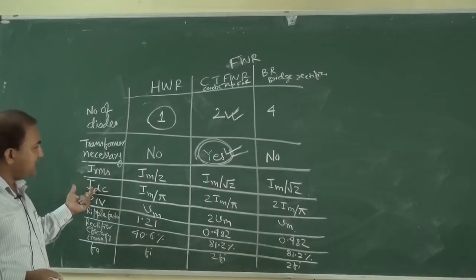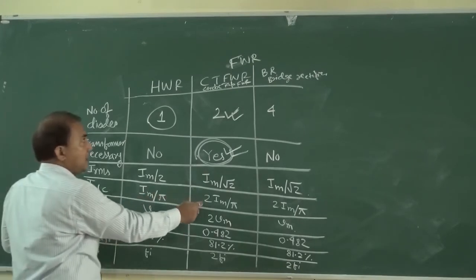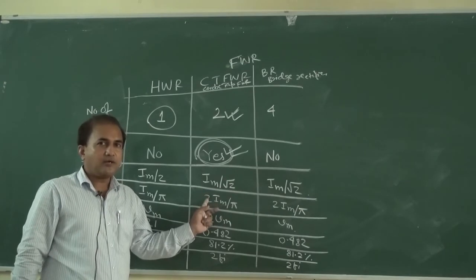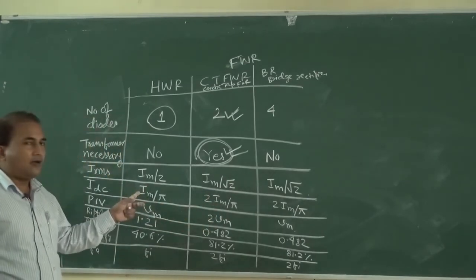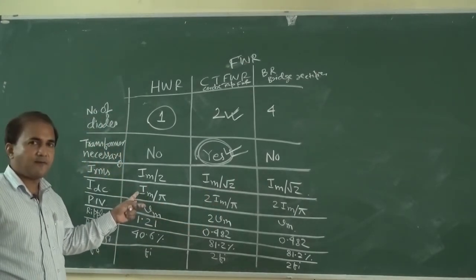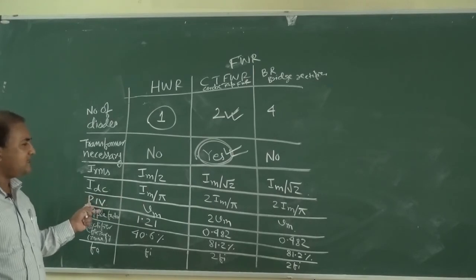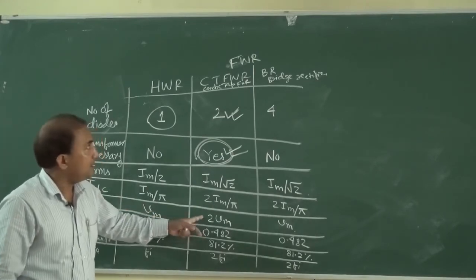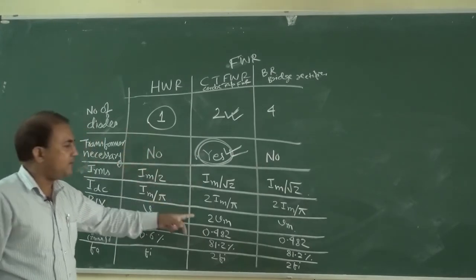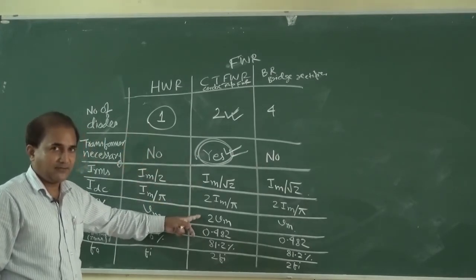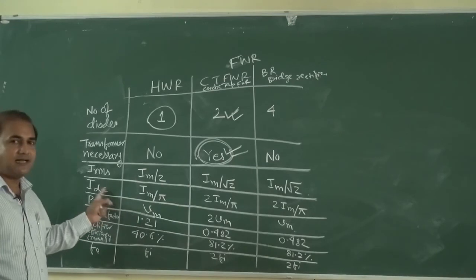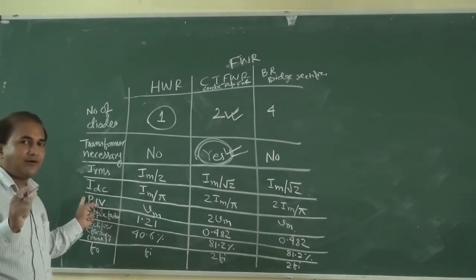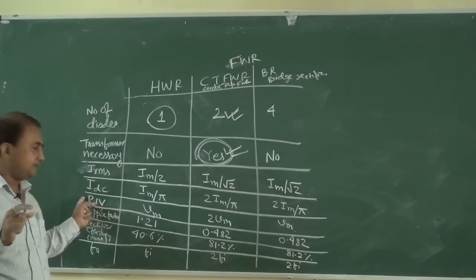Similarly, IDC of full wave rectifier is 2 times the IDC of half wave rectifier. Peak inverse voltage is 2 Vm in case of center tap full wave rectifier circuit. So what is peak inverse voltage? It is the maximum reverse voltage that a diode can withstand.